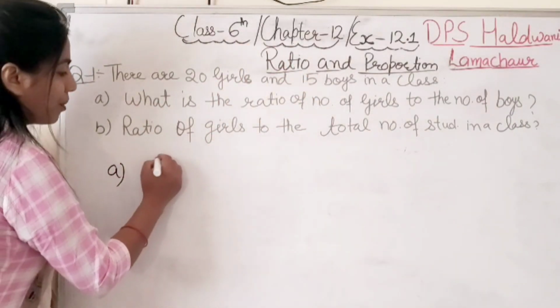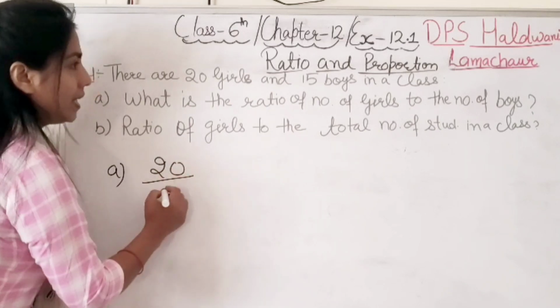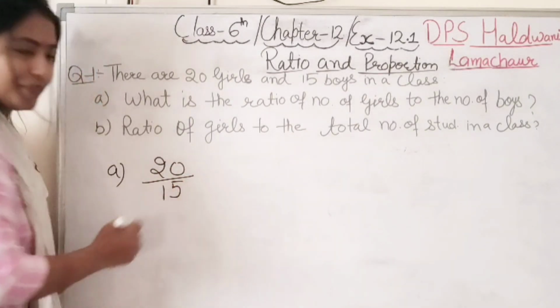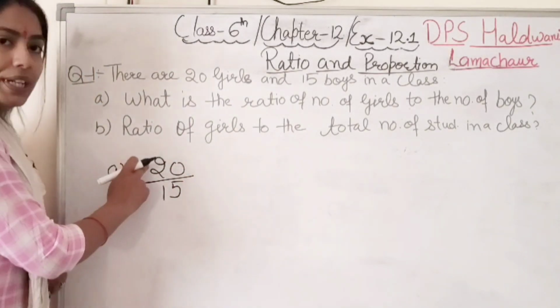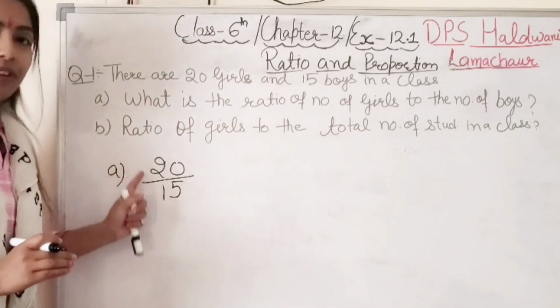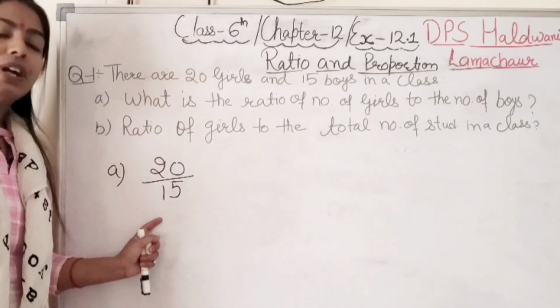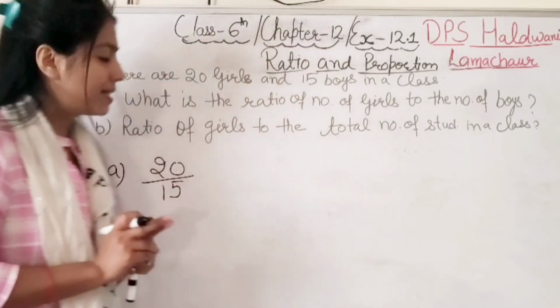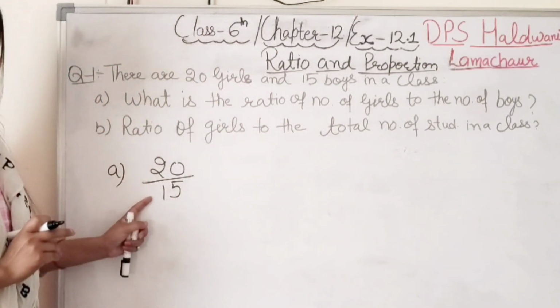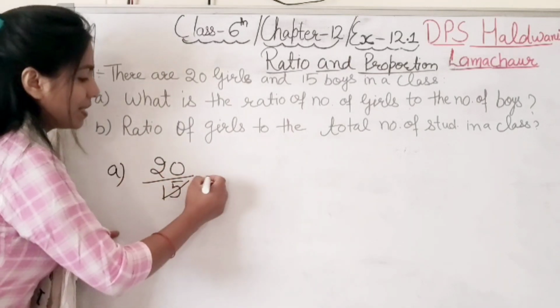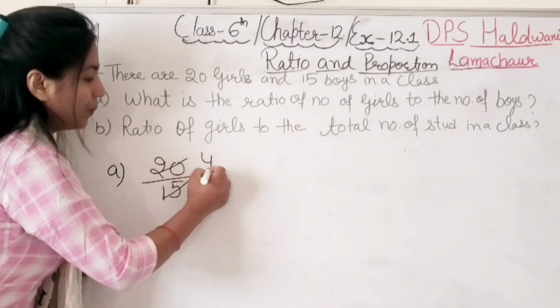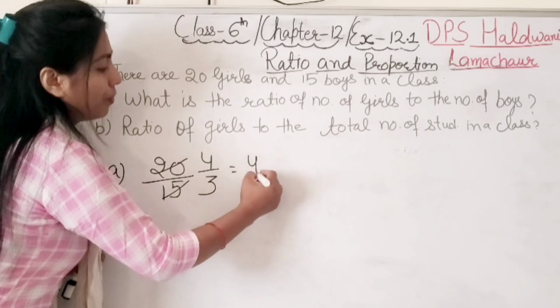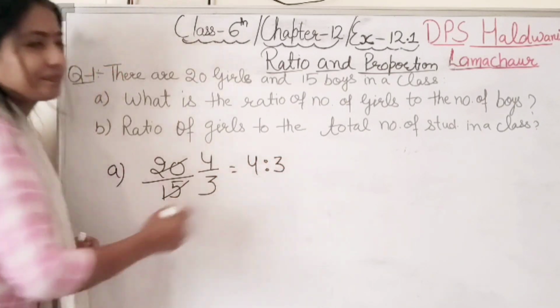So directly, number of girls to number of boys, 20 by 15. Whenever you have a fraction, definitely convert it into the lowest form. Both will go in the 5 table. 5 threes are 15 and 5 fours are 20. So the ratio will be 4:3.